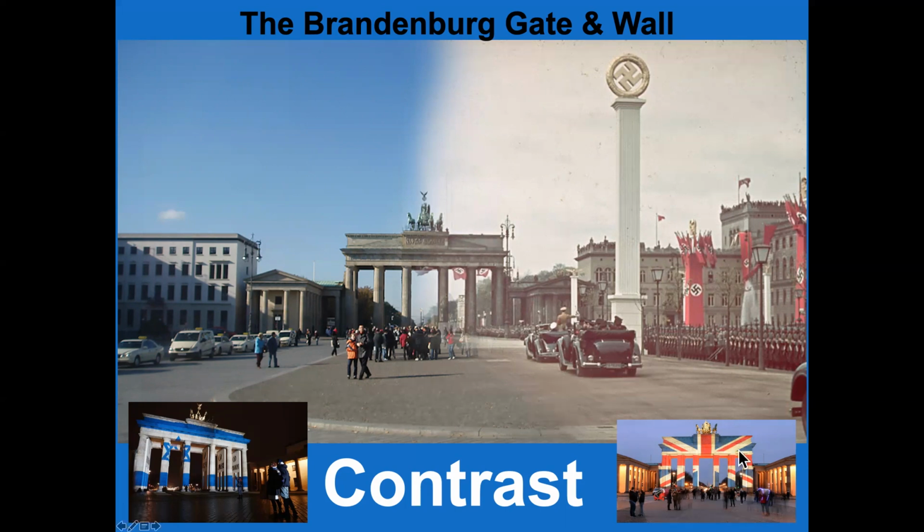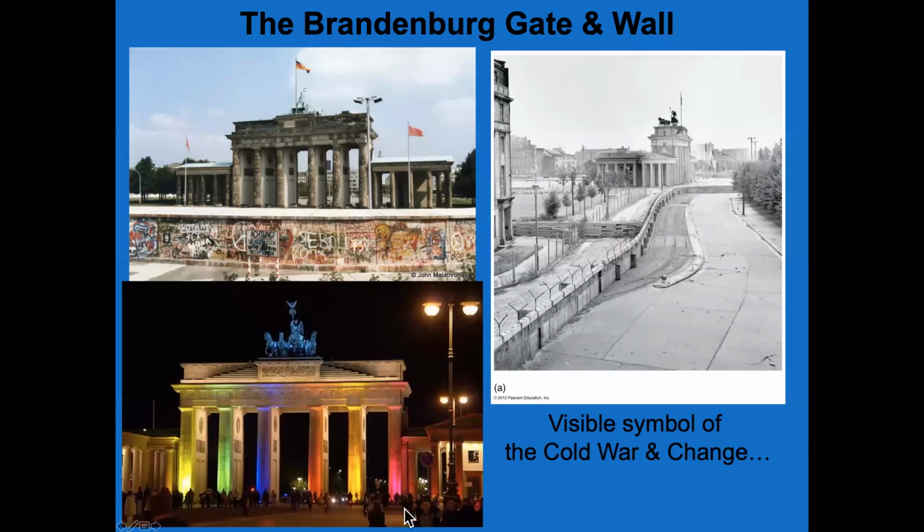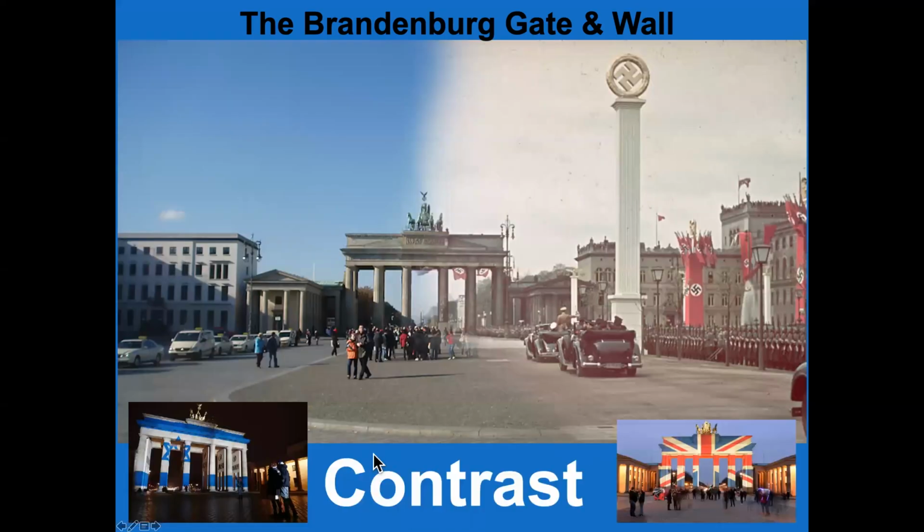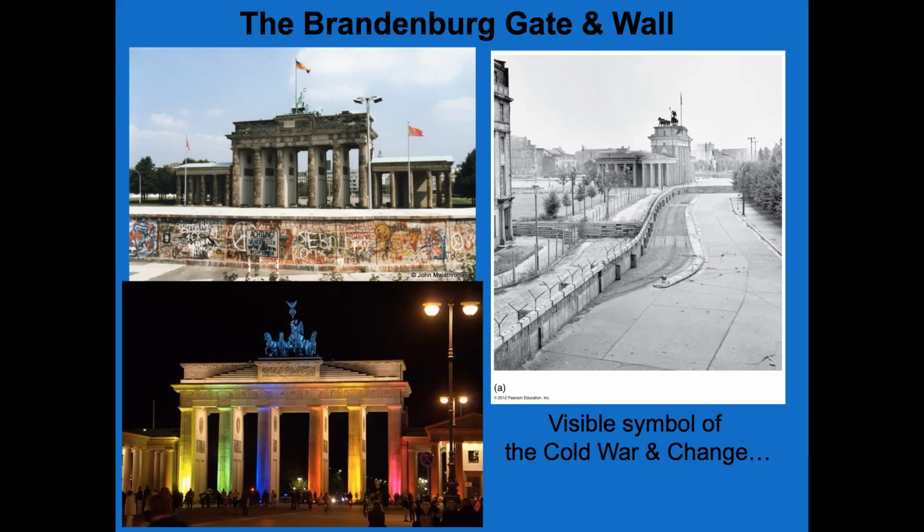And here is the Union Jack painted on it. And of course, you have gay pride, the rainbow colors, on that very same image where Hitler once basically marched through. So it gives you a sense of how remarkably different this place is from what it used to be.